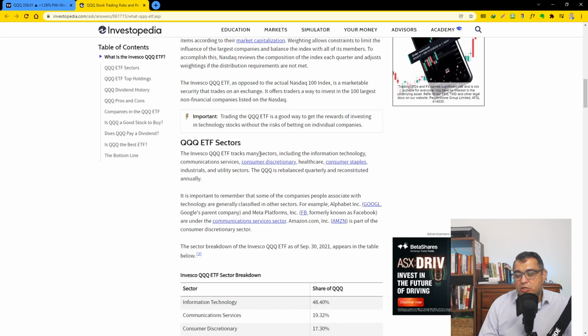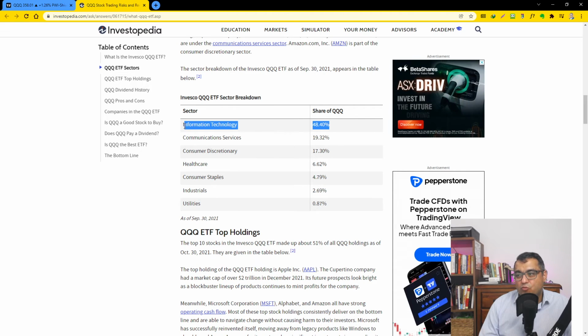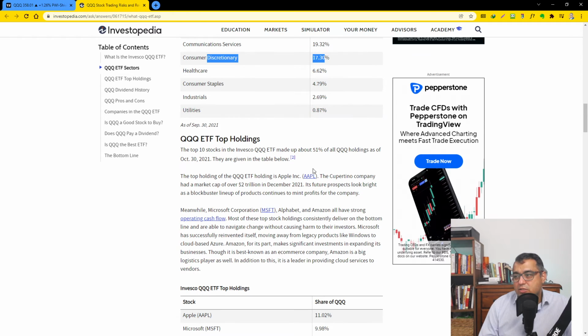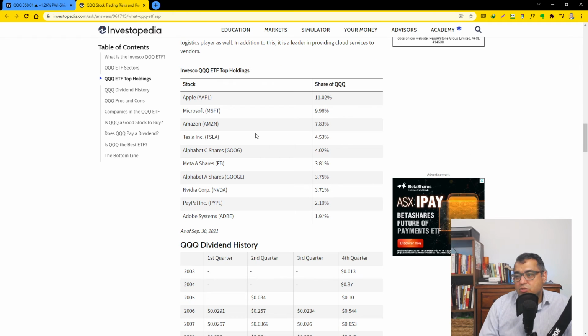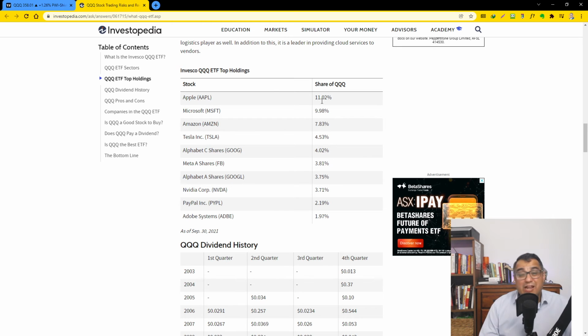It has this sectoral breakdown, with information technology being the maximum at 48%. The next ones are communication services and consumer discretionary, like McDonald's and KFCs of the world. And then you see here all the top stocks, with Apple at 11% of triple Q.